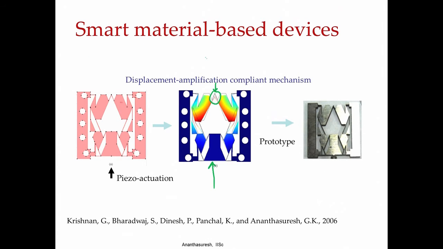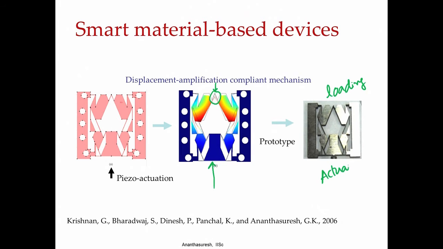So, smart material based devices need compliant mechanisms as transmissions. In automotives, like cars, you have the engine and then transmission, and then you have the tires or wheels where it turns the wheels. So, here also, between actuator and the load, which will be on this side, this is the loading side, and this is the actuation.